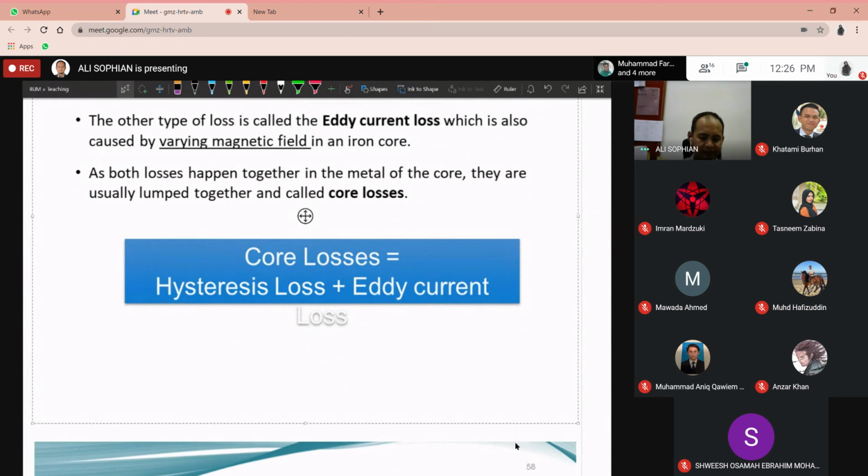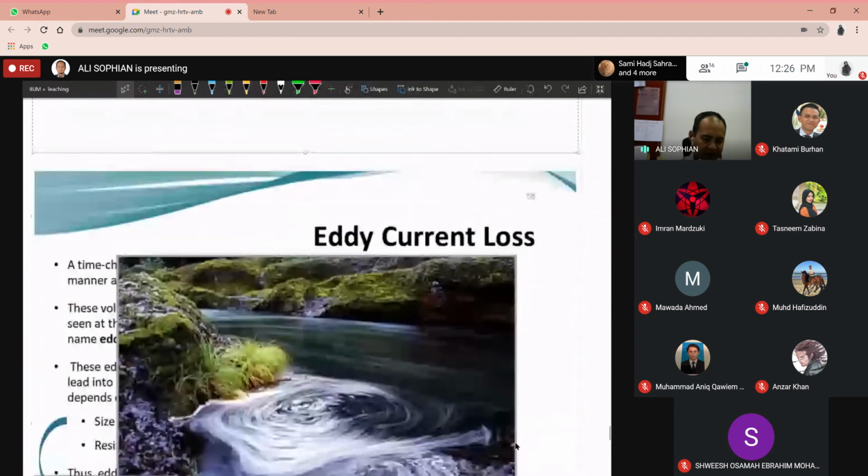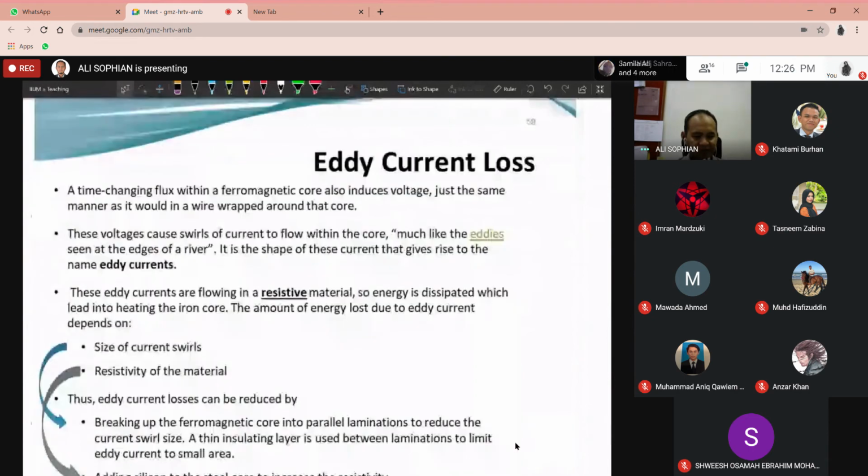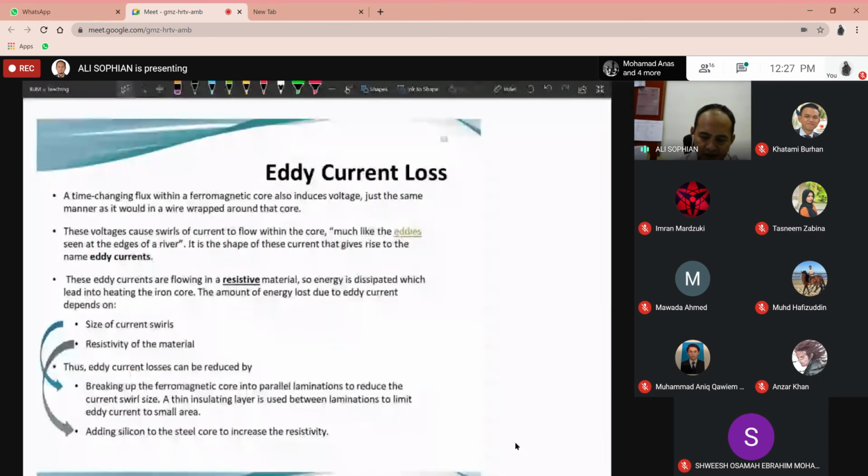How does this eddy current loss happen? It's the same manner as in a wire wrapped around the core. Remember that if you have a coil and a magnetic field that is changing with time, you get induced voltage in the coil.